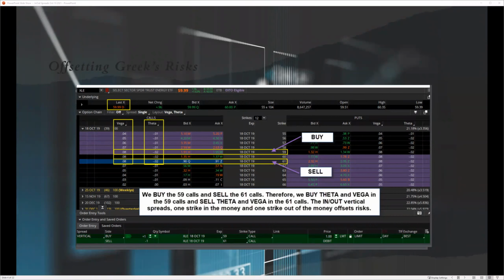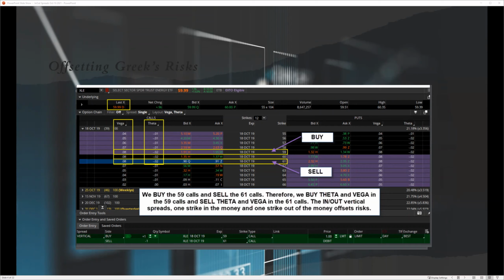What that means is that we are buying 8 cents of Vega. For each percentage that the volatility increases, we gain 8 cents. And the theta is minus 0.2.